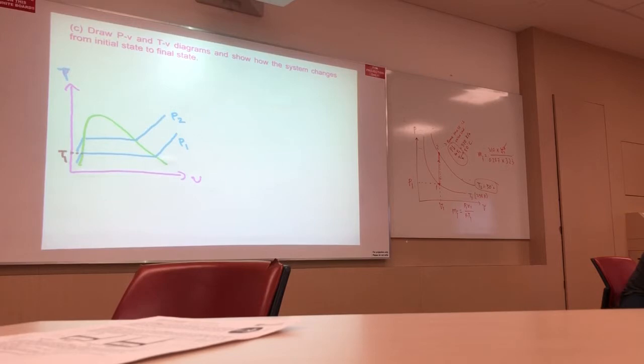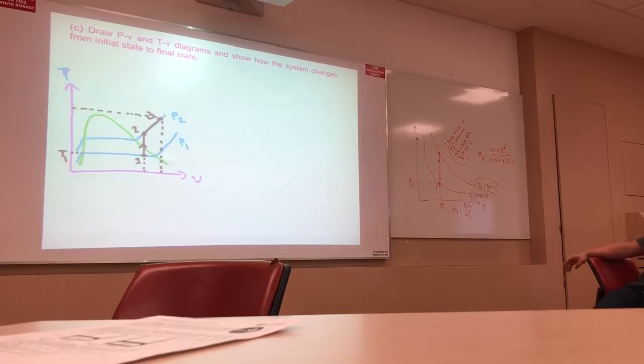Alright, then this is state 1, then from 1 to 2, constant volume process, then 2 to 3, constant pressure. So if you draw this line, this one is T3, T2. Sorry, V1 and V2 are the same.